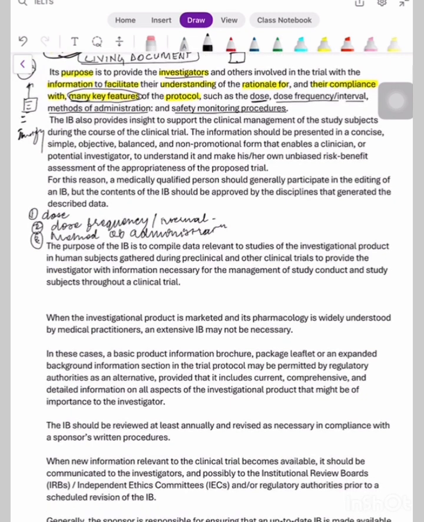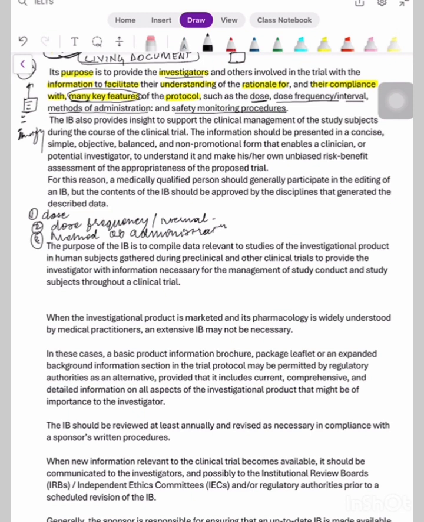Okay, so the investigator's brochure is given to clinicians or investigators and other healthcare professionals involved in the conduct of clinical trials. For instance, the clinical trial coordinators and study nurses.